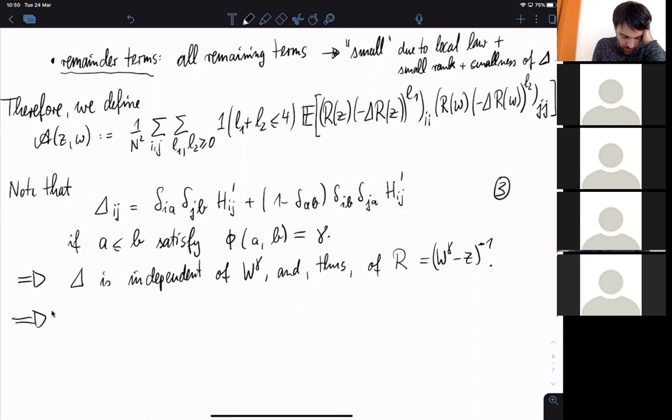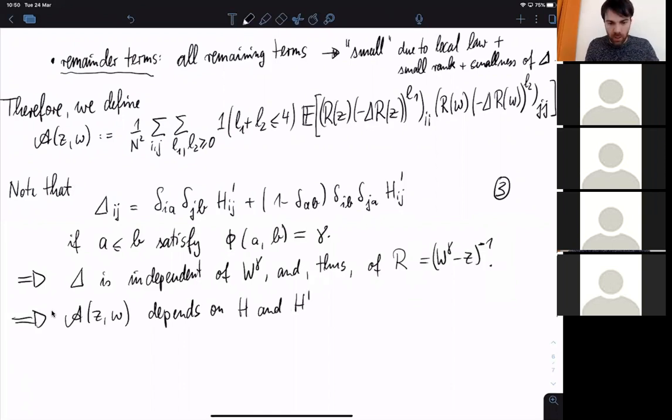So that means that the A, which I defined here, depends on H and HW only through the following two things.